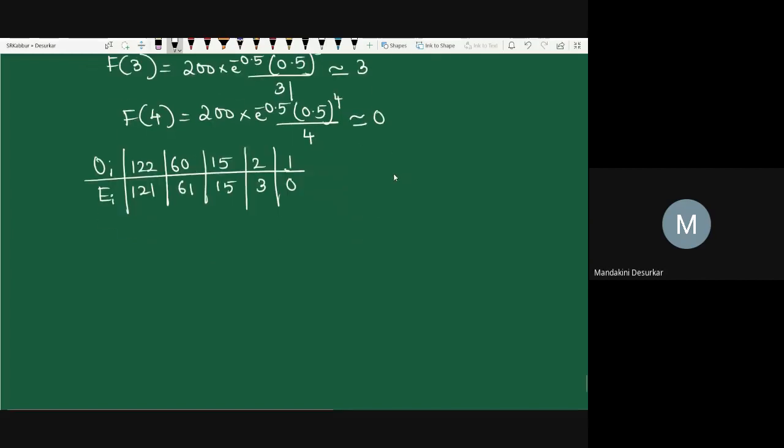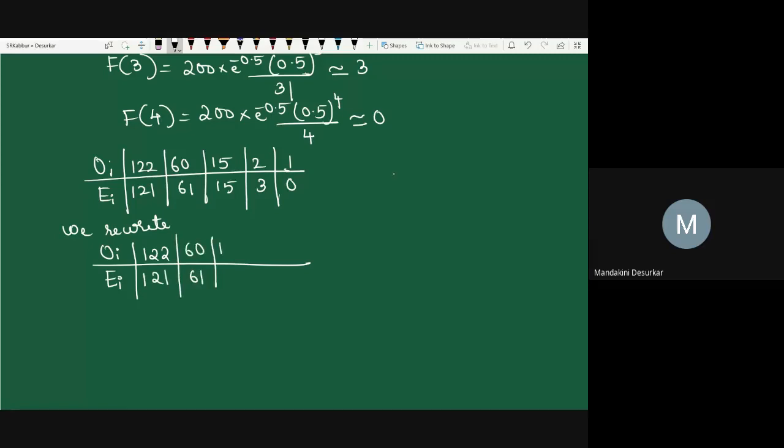So what we do is we can rewrite in this way. Observed and expected: 122, 121, 60, 61, and only those with frequency less than 5, I am just adding the two things. 2 plus 1 is 3, and 3 plus 0 is 3. Clear?